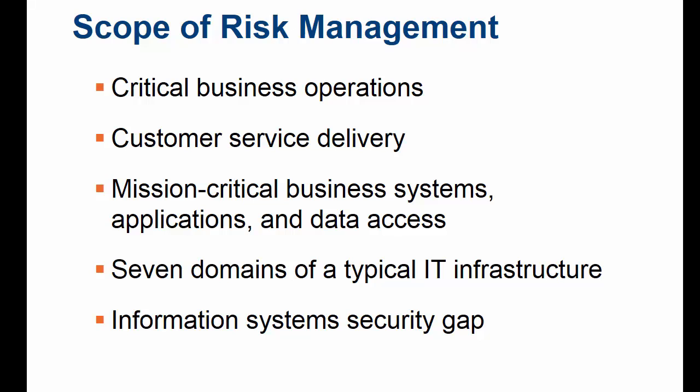And for this class's purposes, I would recommend you go back to chapter 1 and reemphasize and relearn, or refamiliarize yourself with the seven domains of a typical IT infrastructure, because this is not the end of it. You will see it more and more and more. And so the information system security gap. Wow, what can I say about that one?